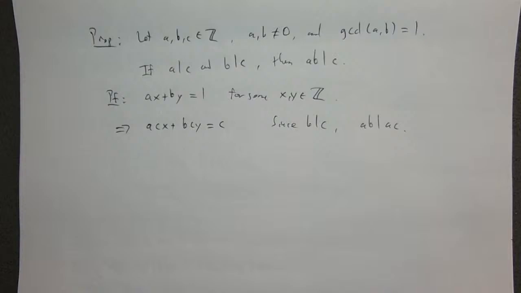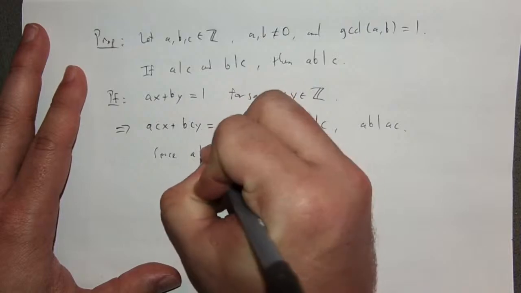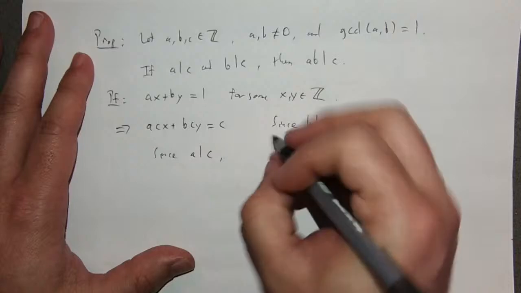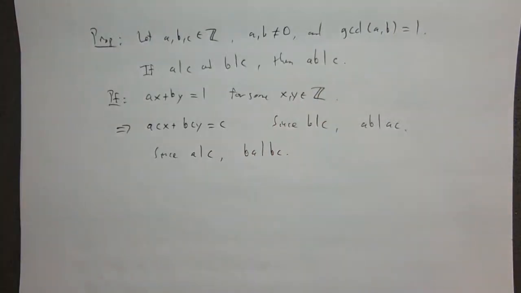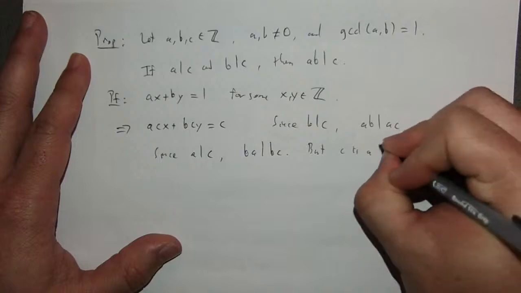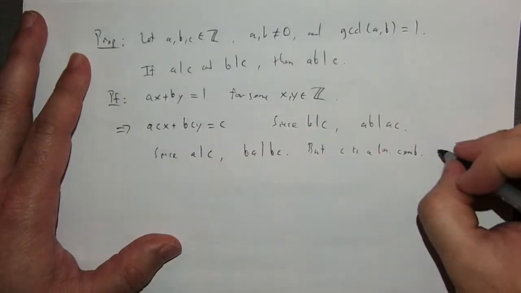Okay, but knowing that, since A divides C, BA divides BC. But C is a linear combination of AC and BC.